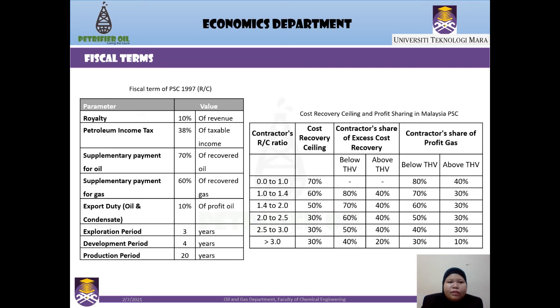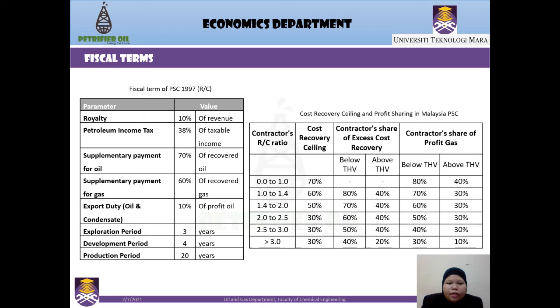The basic principle of this PSC 1997 revenue over cost is to permit the PSC contractors a higher share of production when the profit is low, and it increases the Petronas share of the production when the contractor's profit is improved. The details of the fiscal terms of the PSC are tabulated in this table.